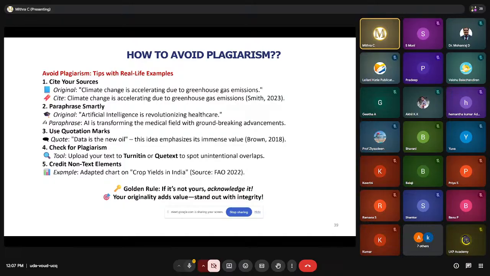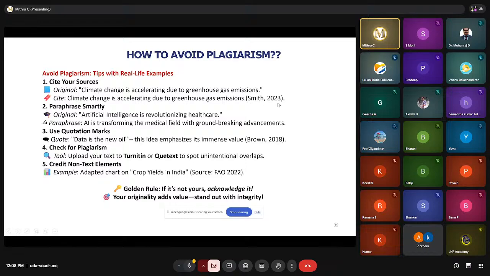Next, how to avoid plagiarism. This is one of the key points that everyone will be asking. To avoid plagiarism, first, the original citation has to be given. Prompt citation has to be given to avoid similarity plagiarism. For example, climate change is accelerating due to greenhouse gas emission. You can state that and give proper citation.